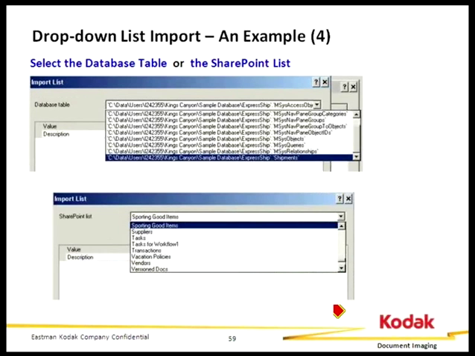Once I do that, I must select the database table or the SharePoint list that's associated with the connection that I just selected. If I have a SharePoint library as my connection, or a SharePoint site for that matter, I would select my SharePoint list that I'm going to be importing the drop-down list from. If I have an ODBC database, I would select the database table where I'm going to be importing my drop-down list entries from.